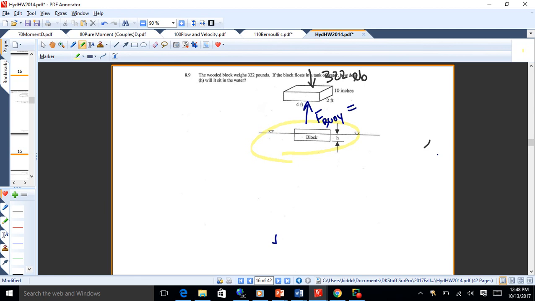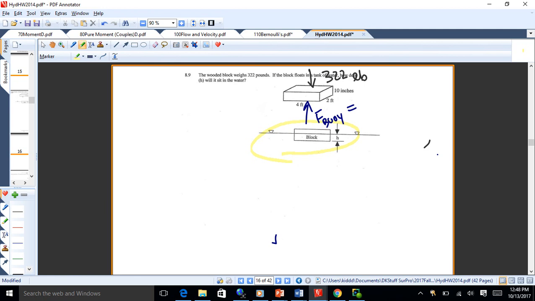So what you want to do is figure out when it's balanced, when the force up equals the force down. That's when it stops going up or down. When it's in equilibrium, it's kind of the fancy word for that. So you want to figure out when that buoyancy force balances the weight. That's when it floats.